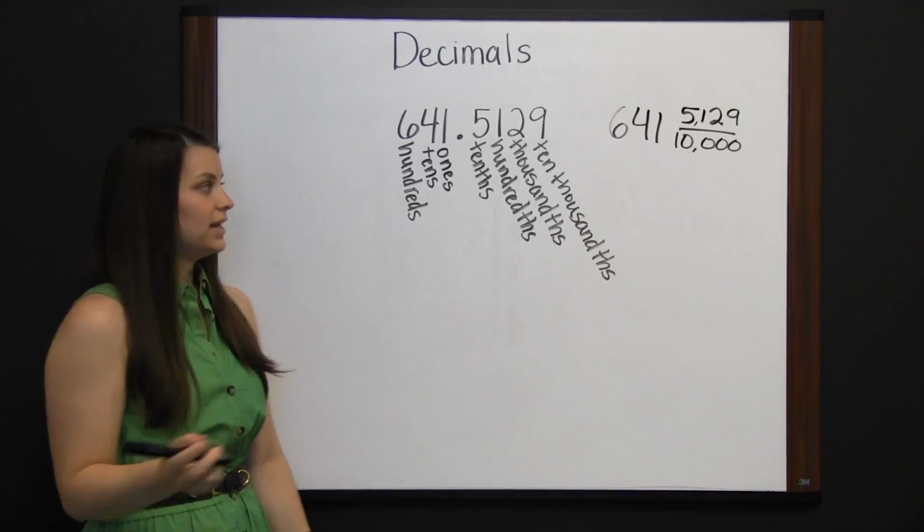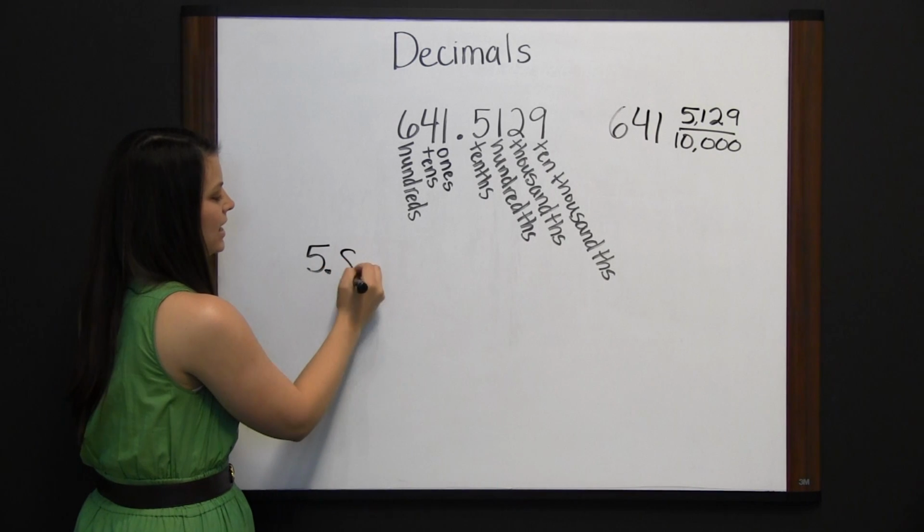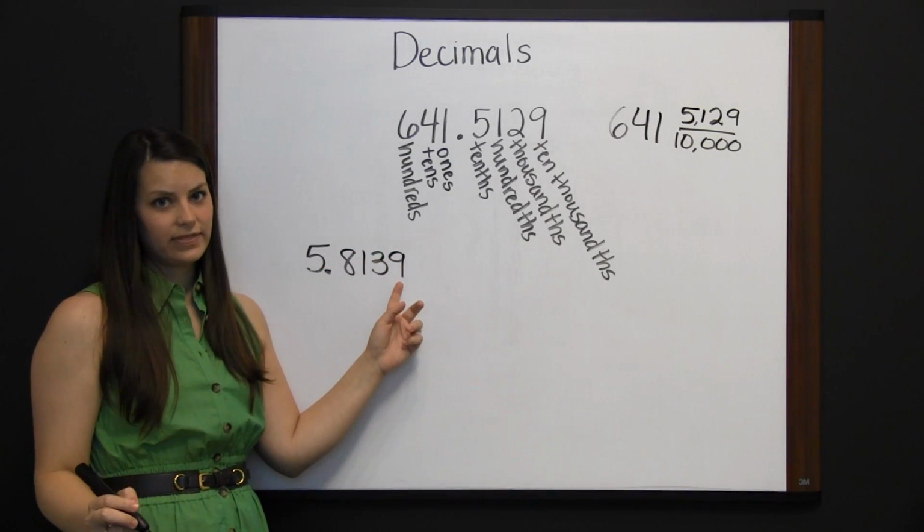Let's look at another decimal. 5 and 8,139 10,000ths.